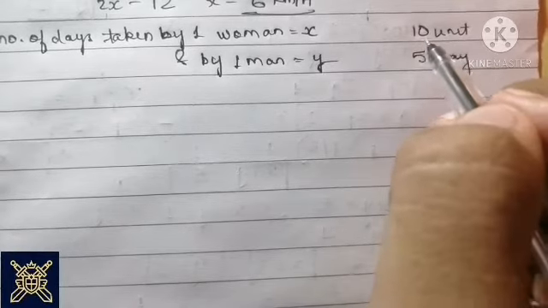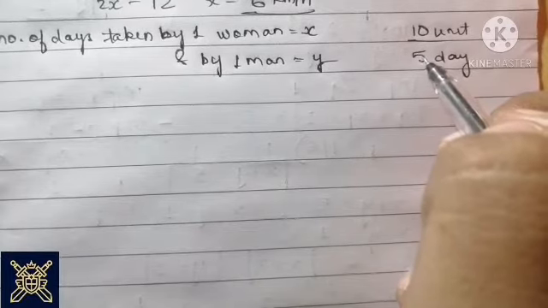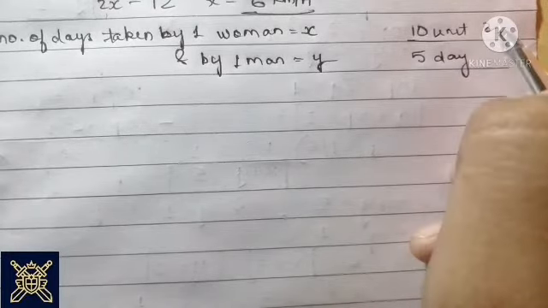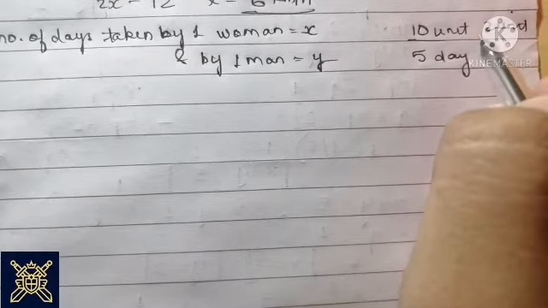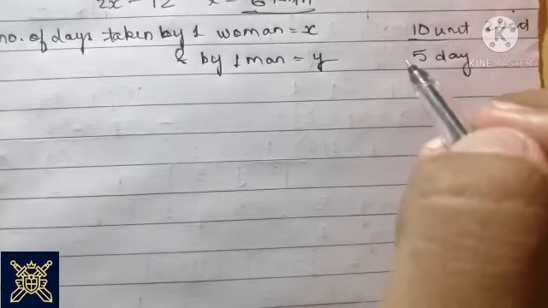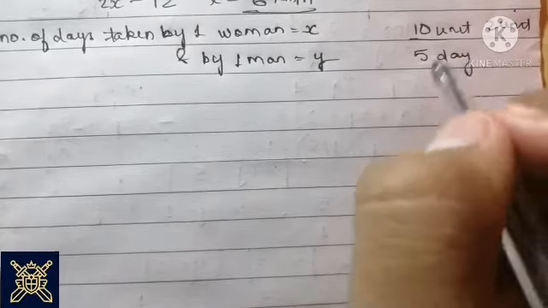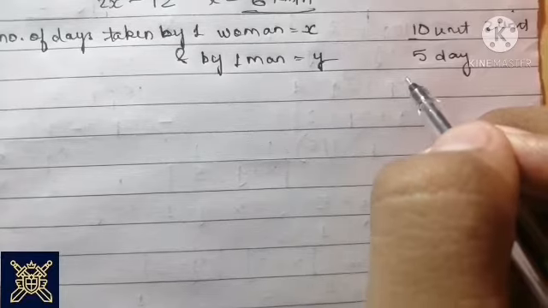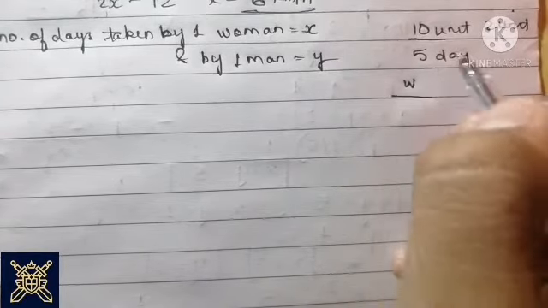What you will do is just divide the total work by the total number of days. So you get that we are doing 2 units per day. So how much work we are doing in one day is nothing but the total work upon the total days that we are taking.